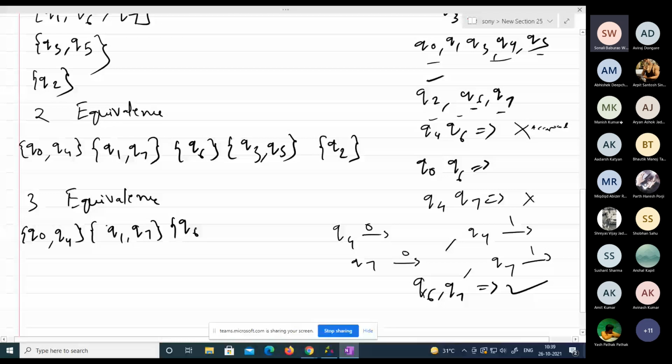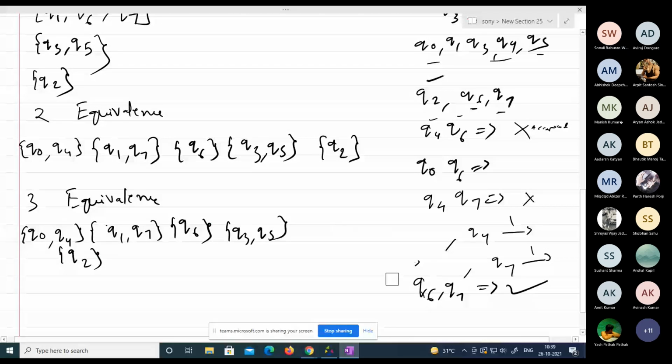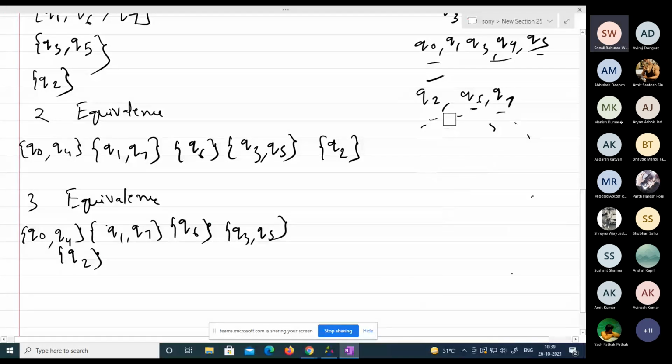I'll also have one final state as Q2. Okay, try to solve this. I've not shown the steps here, but try to solve this. So you will get this answer. Okay, so guys, just note down this much.